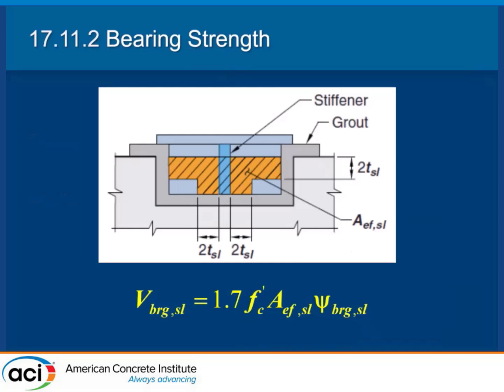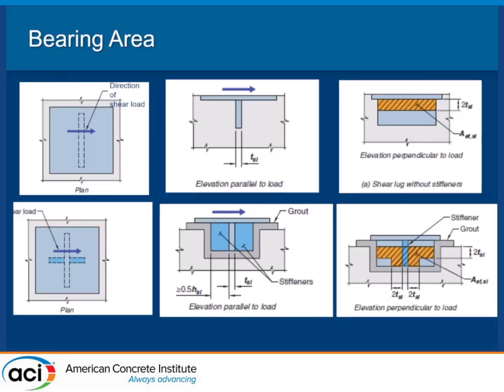And if you're not getting enough area, stiffeners can get quite thick really quick. The deeper you go, you can put a stiffener in to increase your bearing area so you can get around this problem. Same thing as on the previous page: if I've got a shear in one direction, just because I have a really deep plate, it's really the thickness of that stiffener that determines how much bearing area I can take.